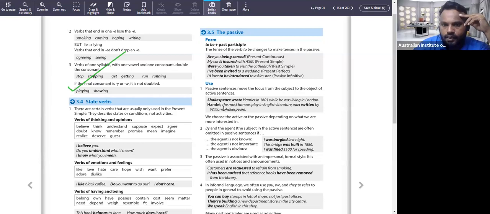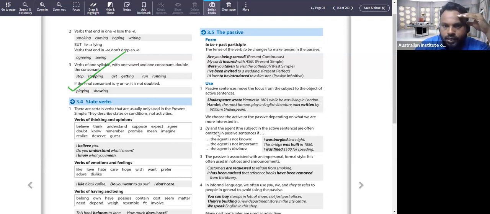Now we choose active or passive depending on what we are more interested in. So if you are interested in the object, then you use the passive form. But if you're not interested in the object, then you can use the active form. Okay, let's do this here.